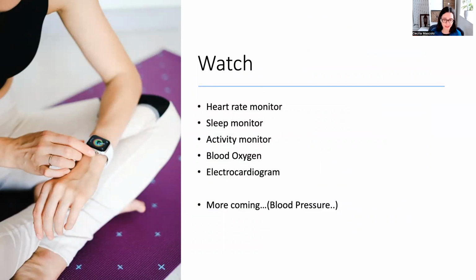The watches themselves are coming out with more and more monitors. We will show examples of sensors that can monitor heart rate, sleep, activity, and blood oxygen. Some of the devices now already do a one-lead electrocardiogram from the watch. And there are some suggestions already in the research community on how to do, for example, blood pressure.